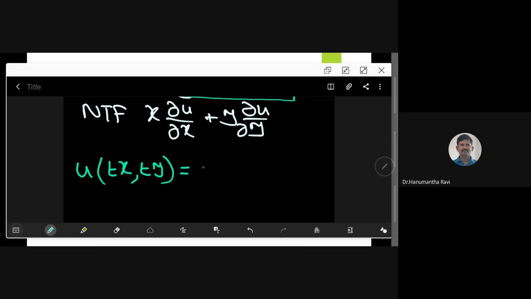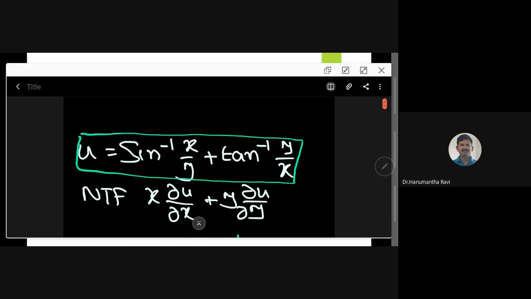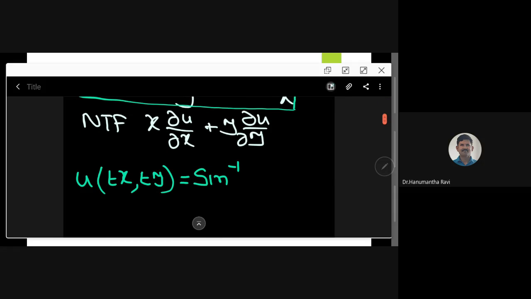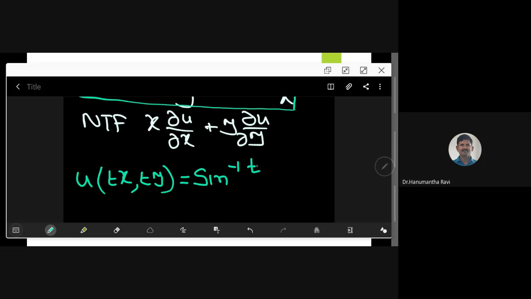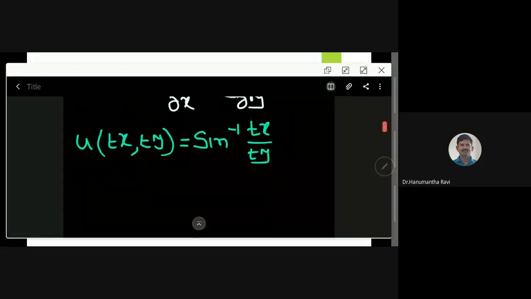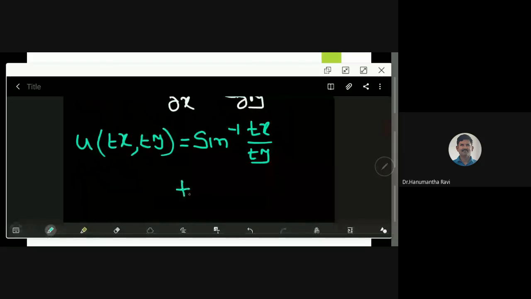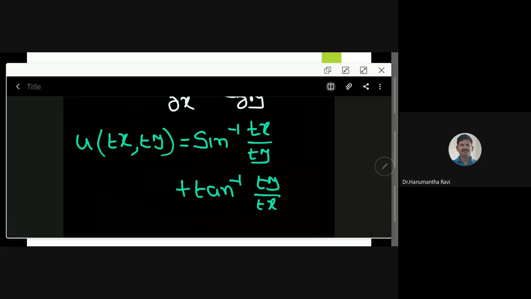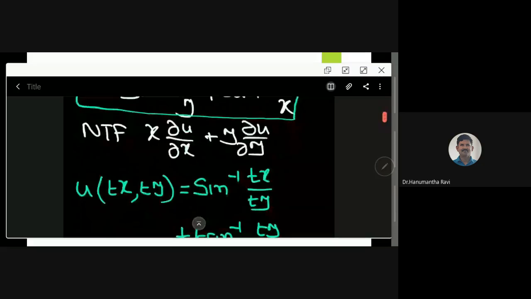In this case, it is equal to sine inverse of tx by ty plus tan inverse of ty by tx. In place of y we are putting ty, and in place of x we are putting tx.